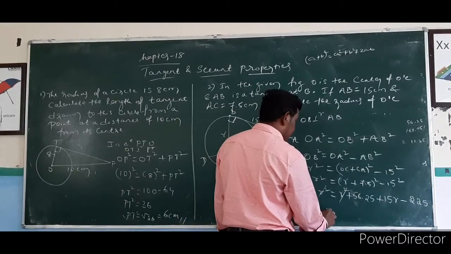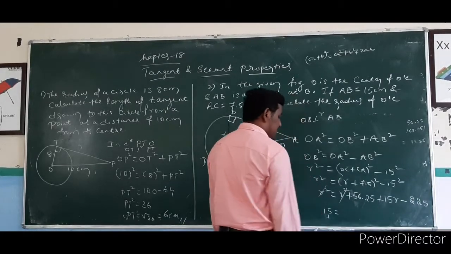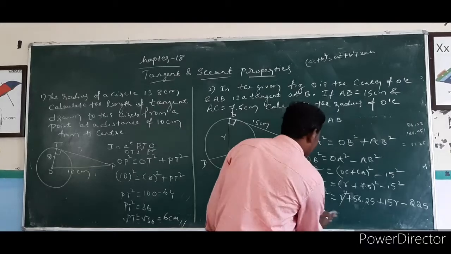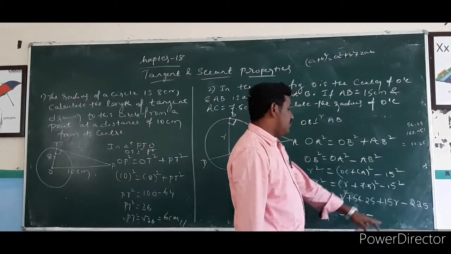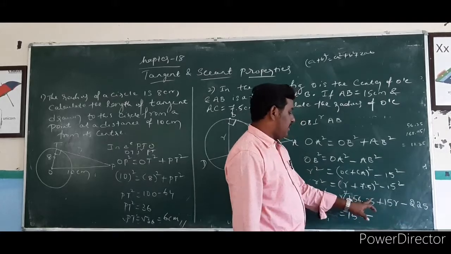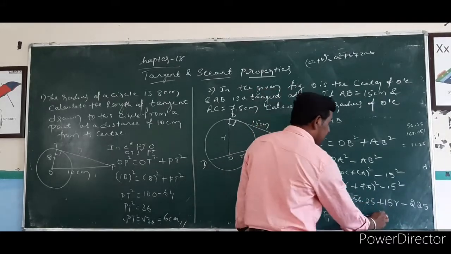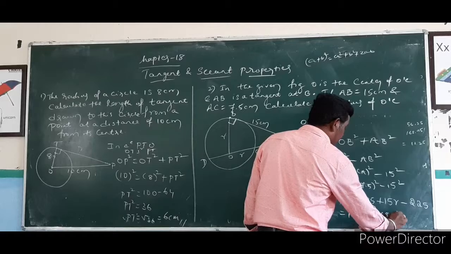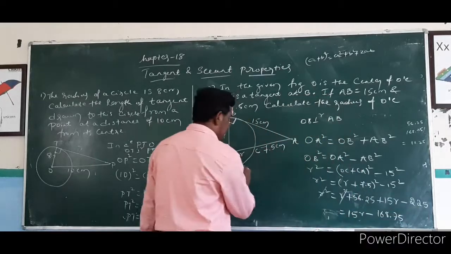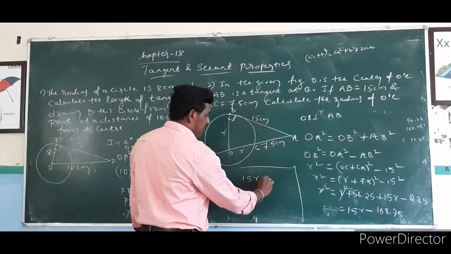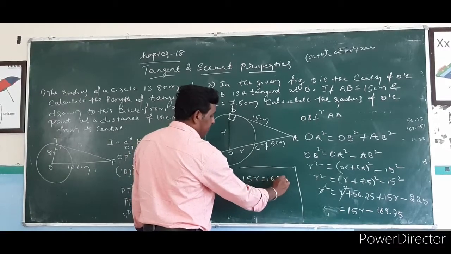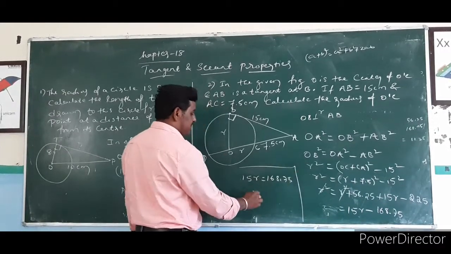So 15R is equal to 225 minus 56.25, which is 168.75. You can shift it to this side. 15R is equal to 168.75. You can do the calculation.